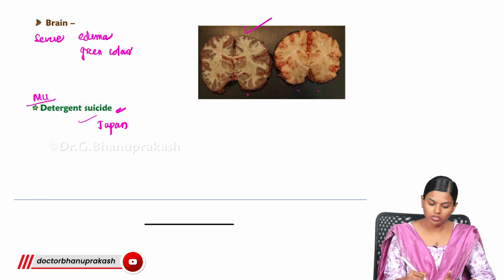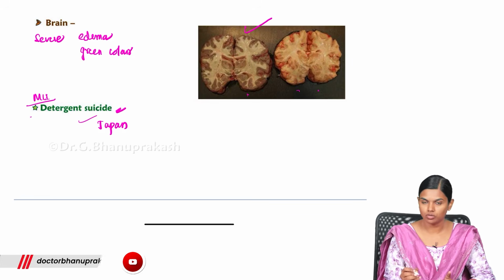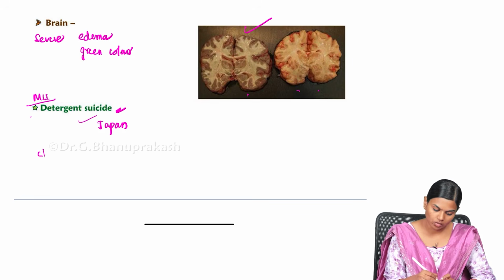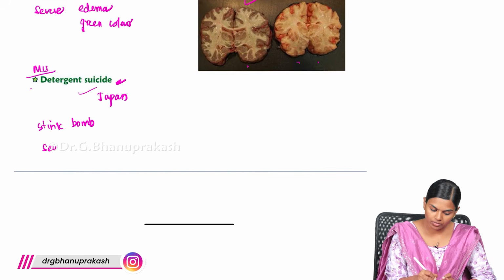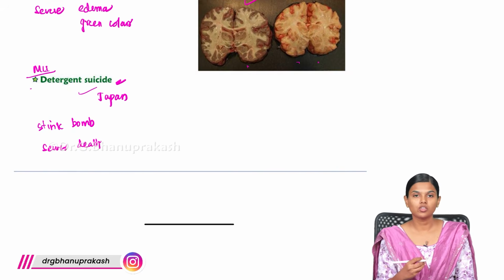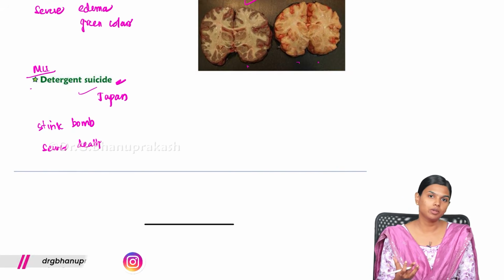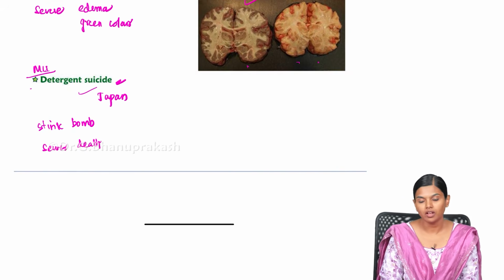So it will lead to death. So this was also known as detergent suicide, and it is used as stink bomb. And a lot of severe deaths have happened because of this hydrogen sulfide gas. So precaution must be used by the people who are working in these sewers. So this is the medico-legal importance of this hydrogen sulfide.